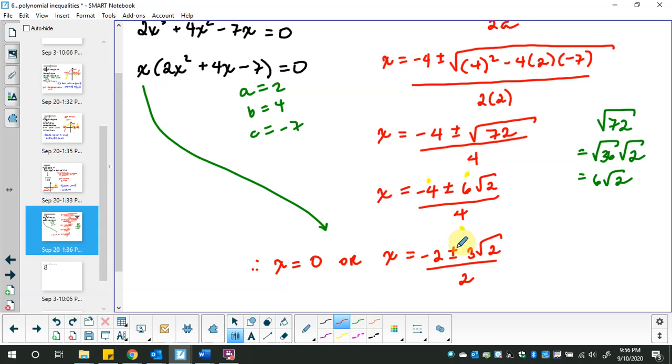Now remember, this isn't a plus and minus sign, it's a plus or minus sign. So we have 0 as an answer, or we have the positive version of this, or we have the negative version of this. Now if you are absolutely 100% allergic to fractions, to roots, you can do this using decimals.